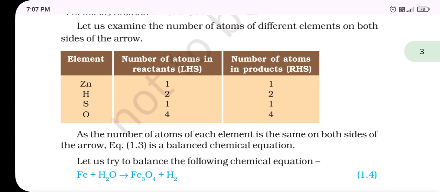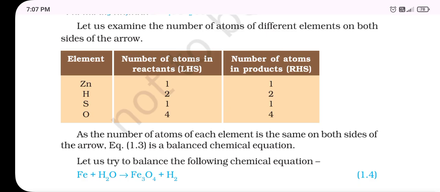Let us examine the number of atoms of different elements on both sides of the arrow, the left side and the right side.